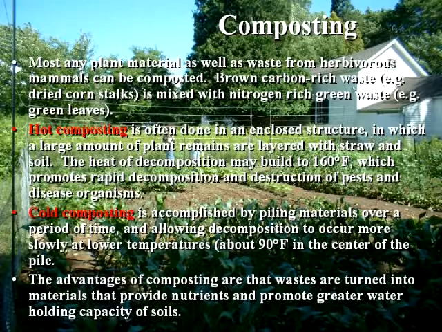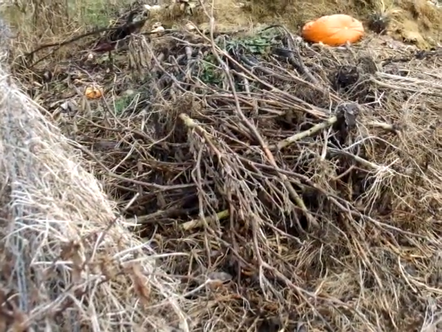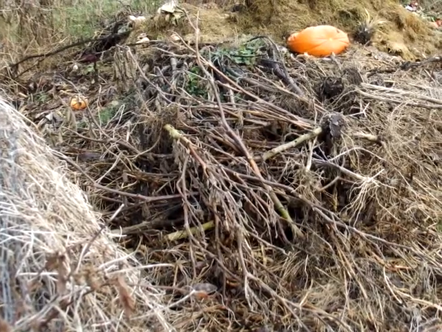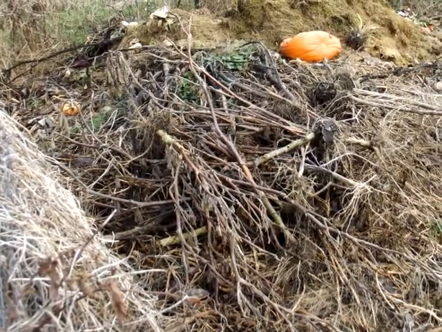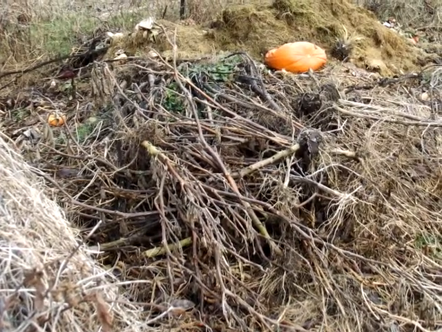Although even in my compost operation that is just a pile of stuff, I still do layering. So all the corn stalks from all those corn plants you see growing in the foreground, every spring I take all those corn stalks and they form the bottom of my cold compost pile. All these carbon-rich materials get put on the bottom.